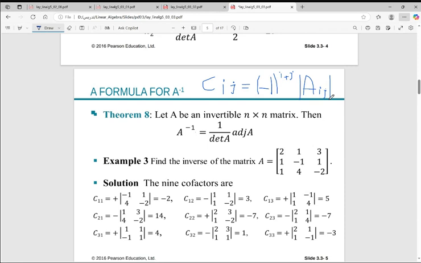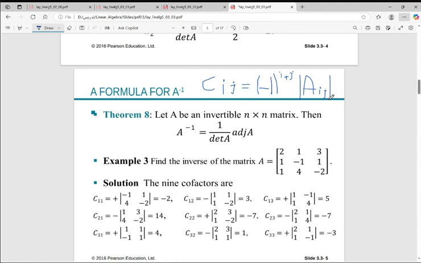What is capital Aij? It's the minor: Aij is the matrix obtained by removal of row i and column j from A. By deleting row i and column j, we can determine it.